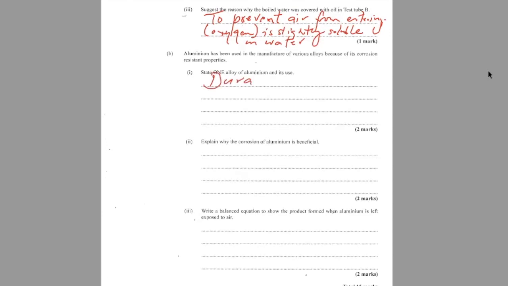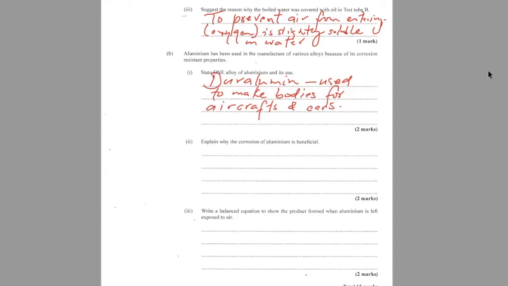So it's duralumin, and it's used to make bodies for aircrafts and cars. There's another one, magnesium, but they ask for one, so we'll stay at one.